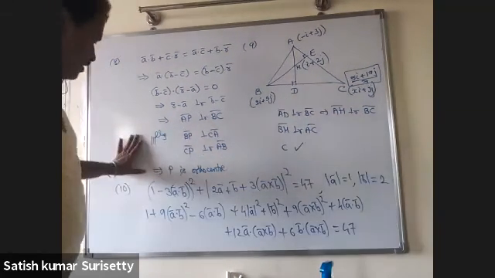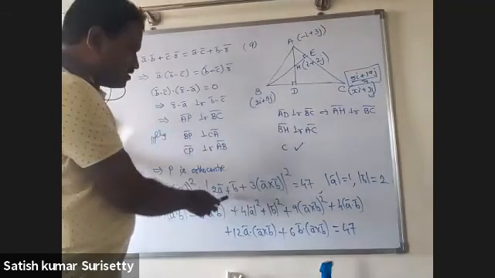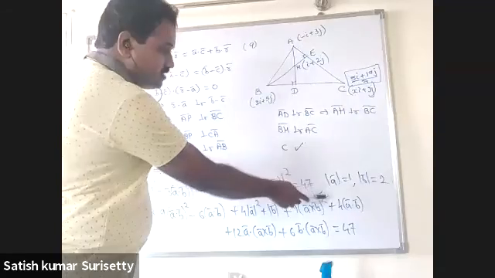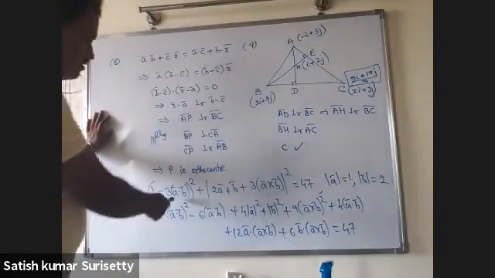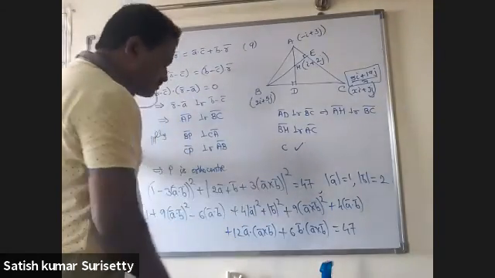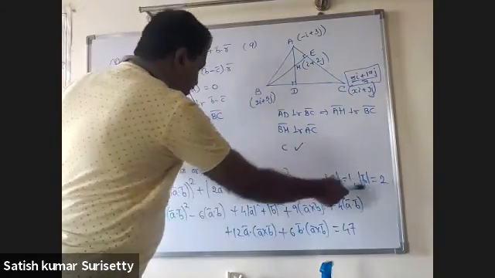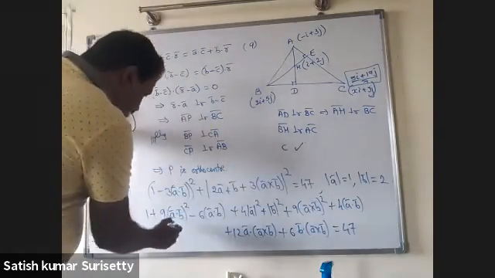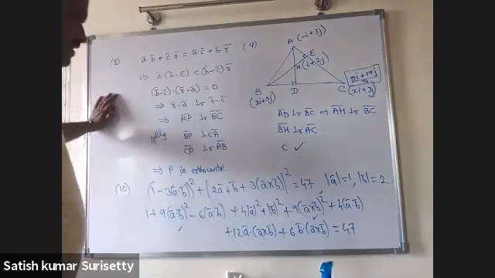So in the 10th problem, (1 minus 3 into a bar dot b bar) whole square plus modulus of (2a bar plus b bar) plus 3 into (a bar cross b bar) whole square is 47. Modulus of a bar is 1, modulus of b bar is 2. Now, expand these two, since a bar is given, b bar is given. So group the terms of (a bar dot b bar) whole square and (a bar cross b bar) whole square, and apply Lagrange's identity.